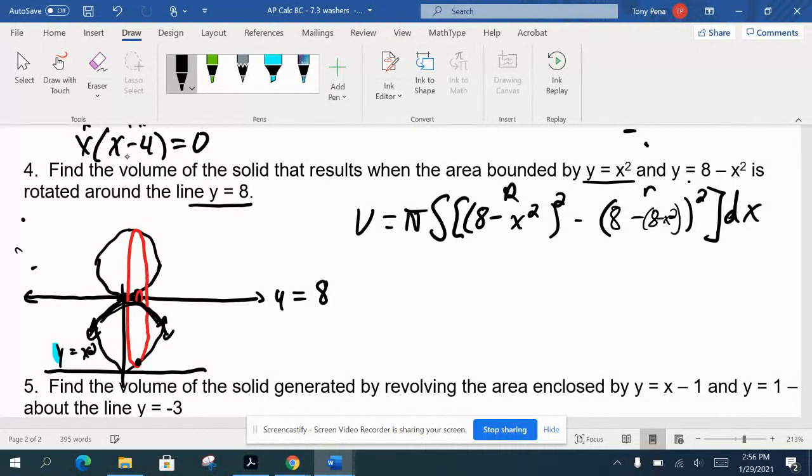Since it's now a binomial, we probably want to use parentheses here to make sure that negative gets distributed. So those are our big radius and little radius, and then we now need their intersection points to get our limits. Take your x squared, set it equal to 8 minus x squared, and solve that.